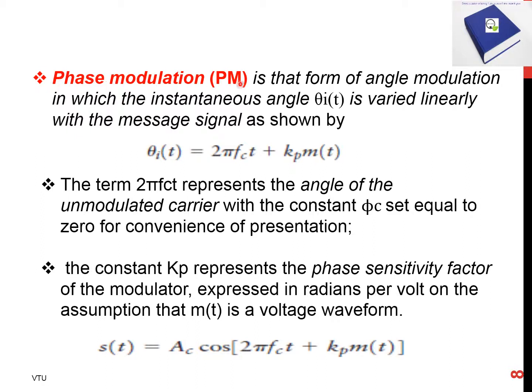Now, phase modulation is the form of angle modulation in which the instantaneous angle theta i of t is varied linearly with the message signal. That is, in case of phase modulation, it is a type of angle modulation.